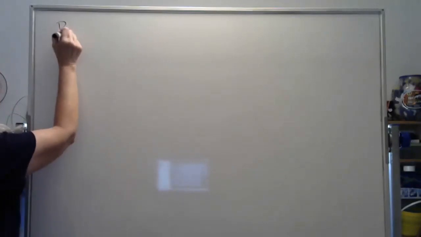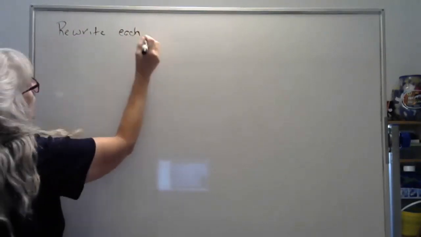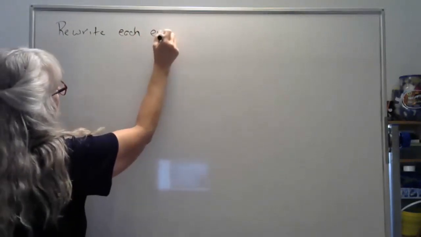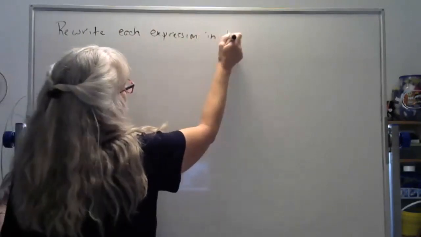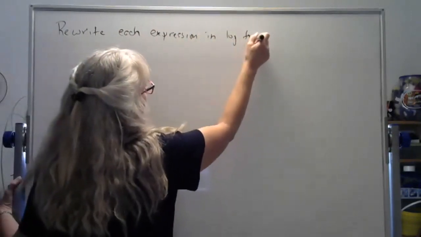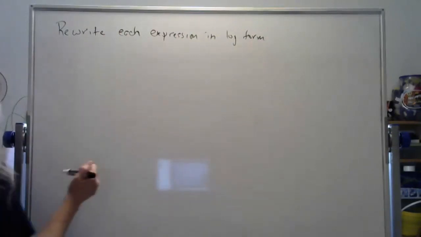I've got plenty of problems to practice. So I want to rewrite each expression in log form. So in other words, I'm going to give it to you as an exponential. I want you to translate it into a log form.